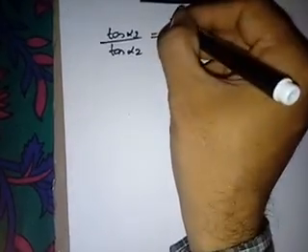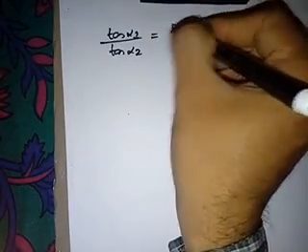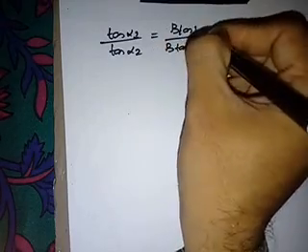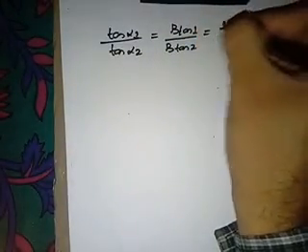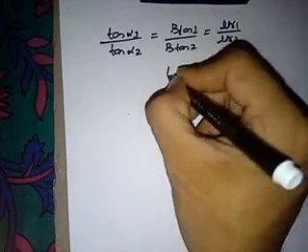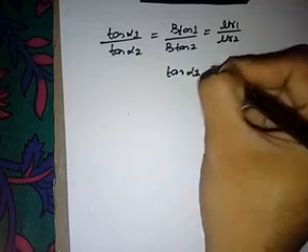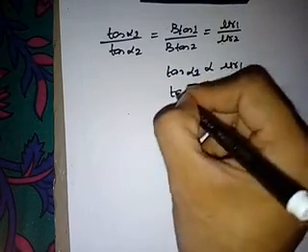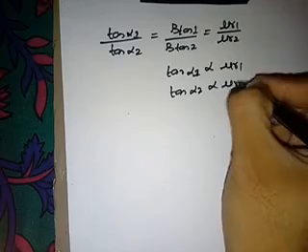This is further written as tan alpha 1 by tan alpha 2 is equal to B tan 1 divided by B tan 2, which is equal to mu r1 by mu r2, because tan alpha 1 is proportional to mu r1 and tan alpha 2 is proportional to mu r2.